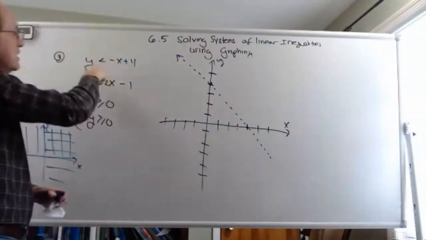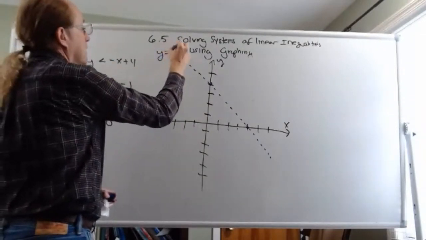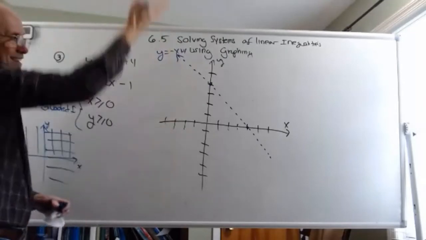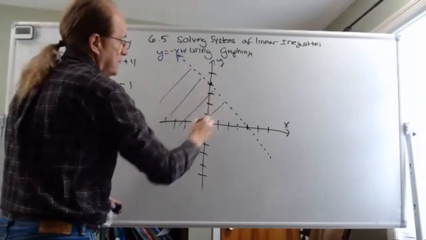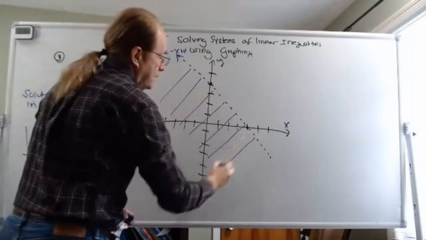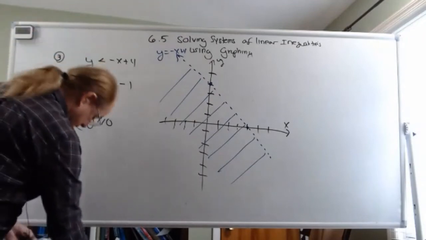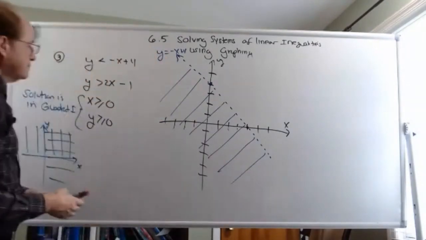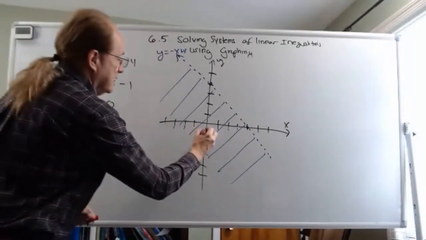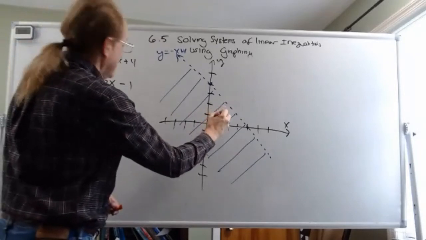And over here it says y is less than that line. So less than means it's underneath. That shades underneath. Then I could move to the second inequality and go down here at -1, and I have a slope of 2, up 2 over 1.